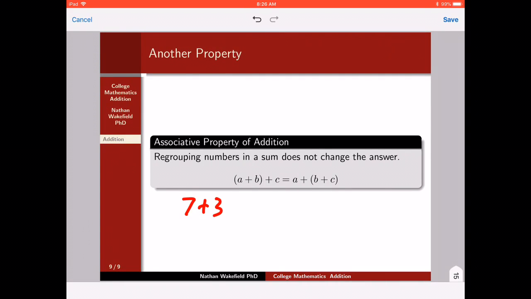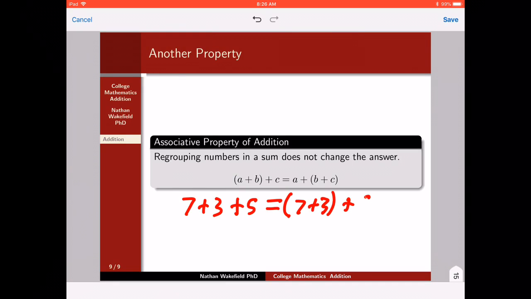And so if I were to say 7 plus 3 plus 5 equals, one of the more natural things to do is to think of this as 7 plus 3, plus 5. And so this is 7 plus 3 is 10, plus 5, and this is equal to 15. And it's just a fairly natural way to do it.